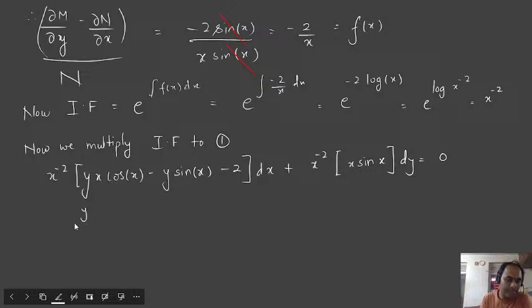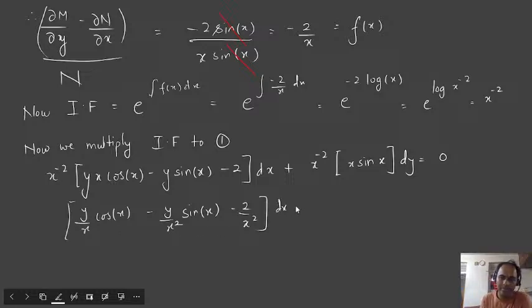So it is y over x cos x minus y over x square sin x minus 2 over x square, dx, and here it is sin x over x dy equals to 0. Yeah, this is the differential equation that we get.